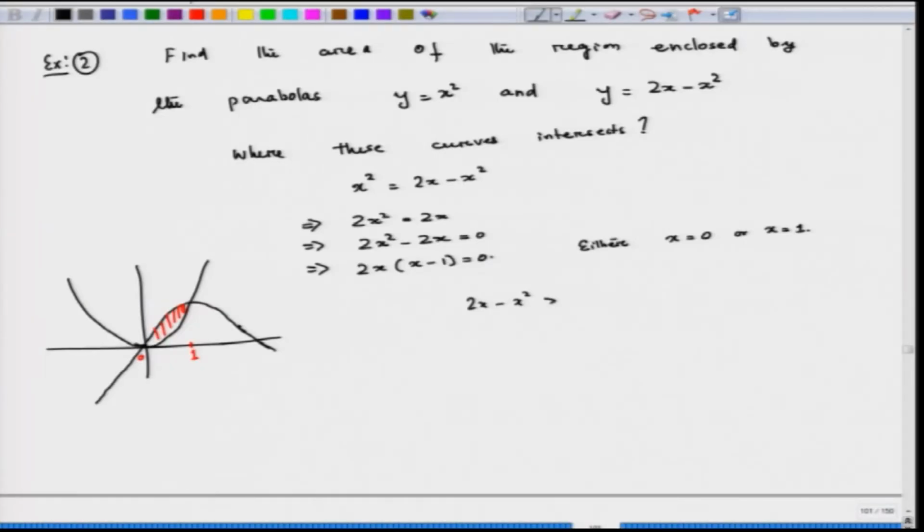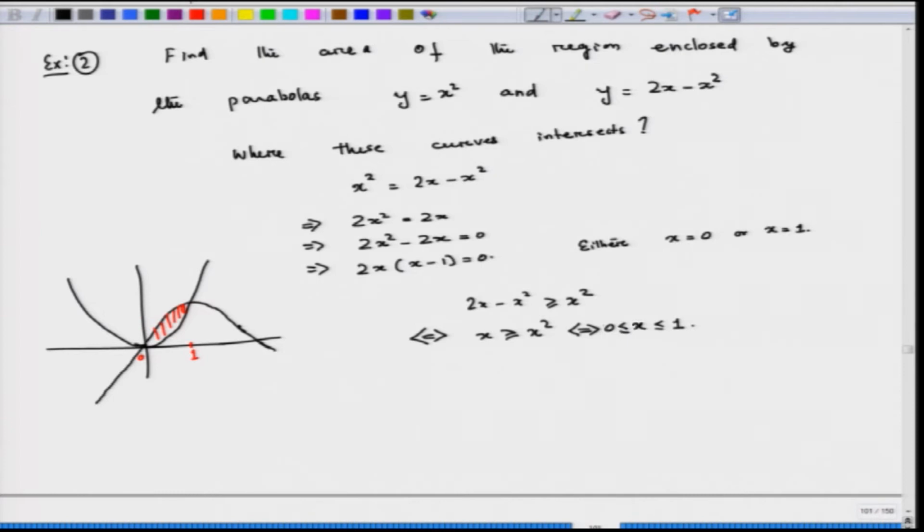But let us try to prove that 2x minus x square is greater or equal to x square if and only if 2x is greater or equal to 2x square. Therefore, this holds if and only if x is less or equal to 1.